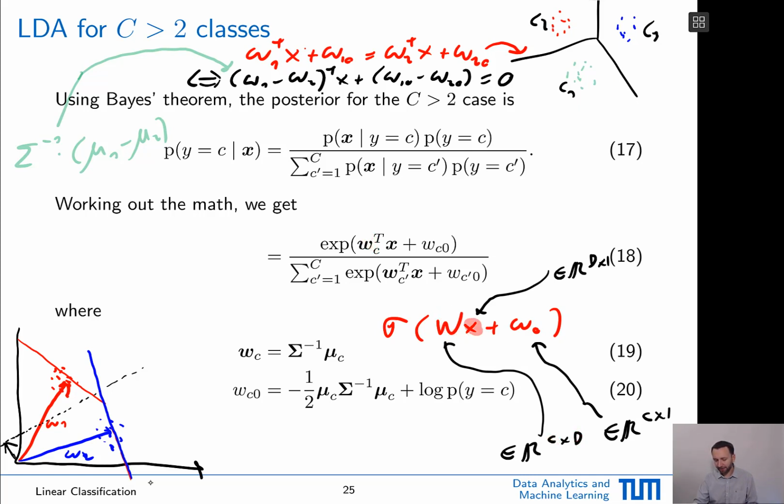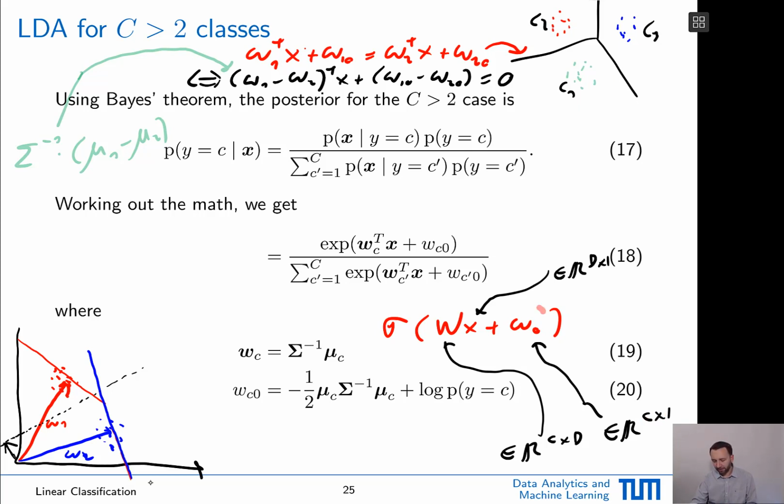Of course, I can multiply this with the input data, which essentially means we are evaluating this term for all classes at the same time. So this x gets multiplied with W1 and with W2 because we are doing this matrix product. What we are getting out here is a C times 1-dimensional vector. For every class, I'm getting a score. And then, of course, I can also add this bias term. For every class, I have this single bias term.